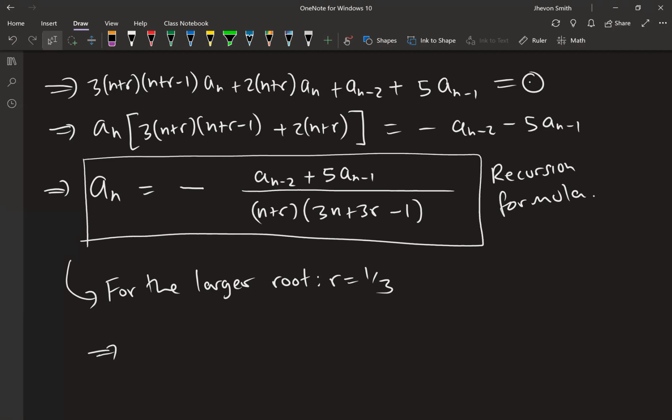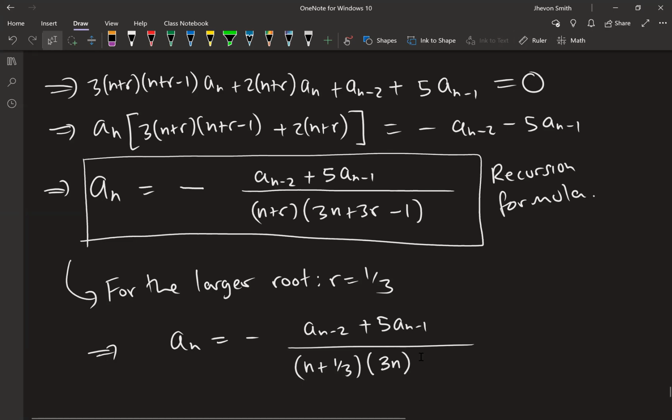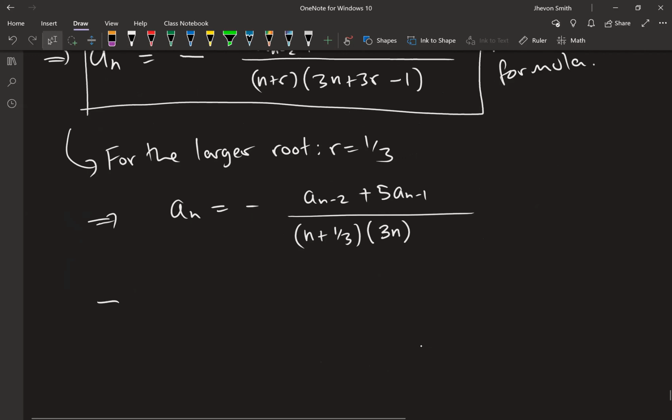So this would give you a_n equals minus a_(n minus 2) minus 5a_(n minus 1) over n plus a third, times, if I plug in a third for r, 3 times r is 1, so I get 1 minus 1, which is 0. And here I would just end up with 3n, which means I can even multiply that 3n, so this can clean up a little bit nicer.